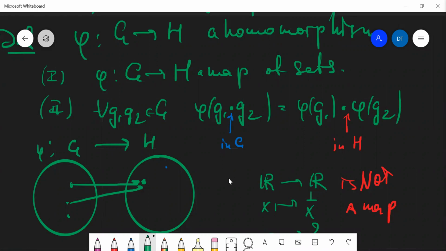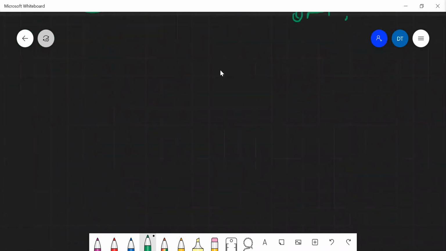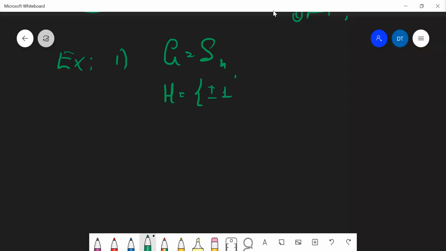Okay, I want to give you several examples. I hope this will help you to understand the concept. Example number 1. Let's take G to be the set of permutations on n elements, and let's take H to be the set of plus minus 1.